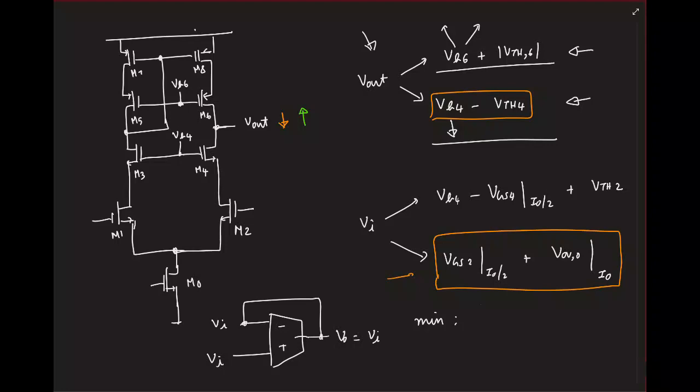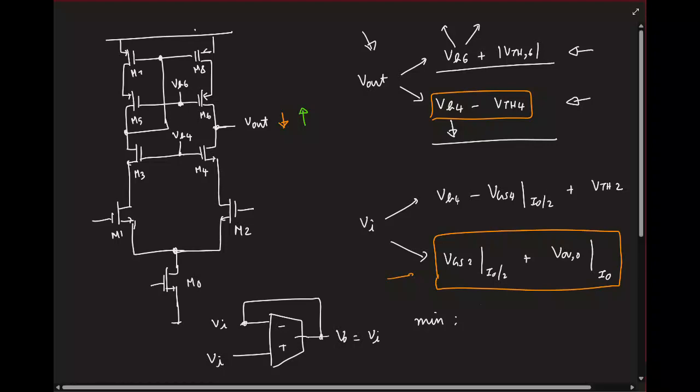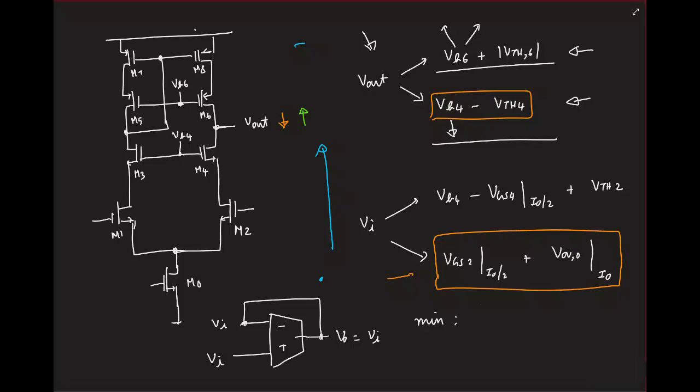Not going into detailed calculation, but if you go up from here to here, do you think the voltages will increase or decrease? At least logically it makes sense that it will keep increasing. So do you think VB4 will be greater than this or less than this? Most likely it will be greater, though of course it need not always be the case. Make sense?